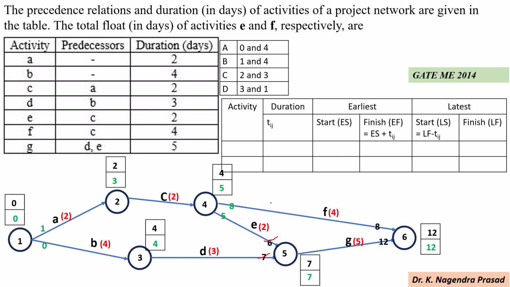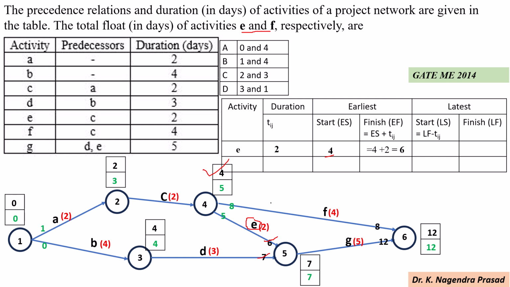Next, we have to determine the earliest start time and finish time, and latest start time and finish time for activities E and F. First, we determine them for activity E. For activity E, the time duration is 2 days and the earliest start time is 4, and the earliest finish time equals earliest start time plus time duration, that is 4 plus 2 equal to 6.